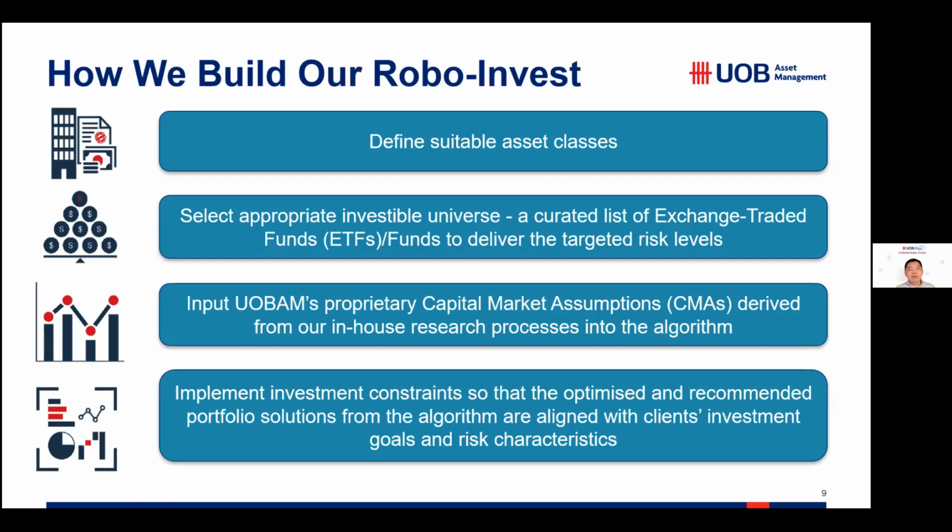Basically it means that if we say a good asset class is Asia ex-Japan equities, then which exchange traded fund or unit trust is the best vehicle to deliver that sort of risk-return profile for Asia ex-Japan equities, right? So we select the investable universe.